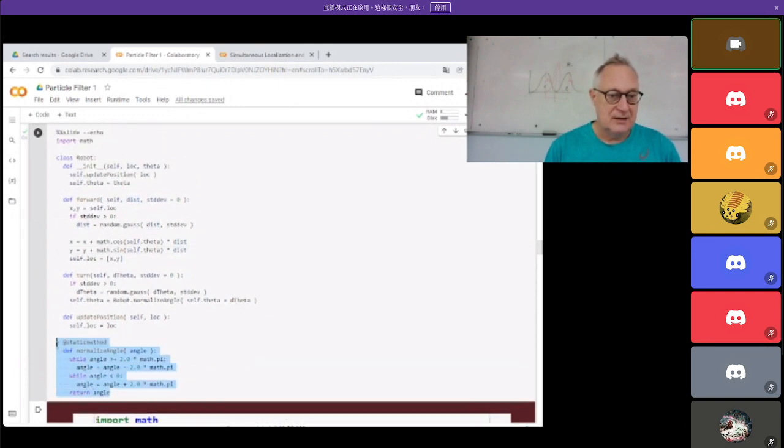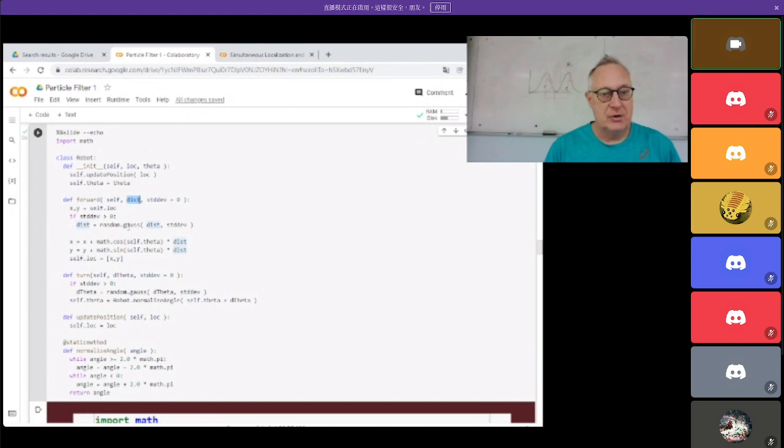And also, when you're dealing with angles, it's always a good idea to normalize them, because otherwise you can end up with bad results, in particular once you need to calculate differences of angles, like in order to get the direction to a target or something like that. So here we have a motion model forward, which drives the robot distance forward.